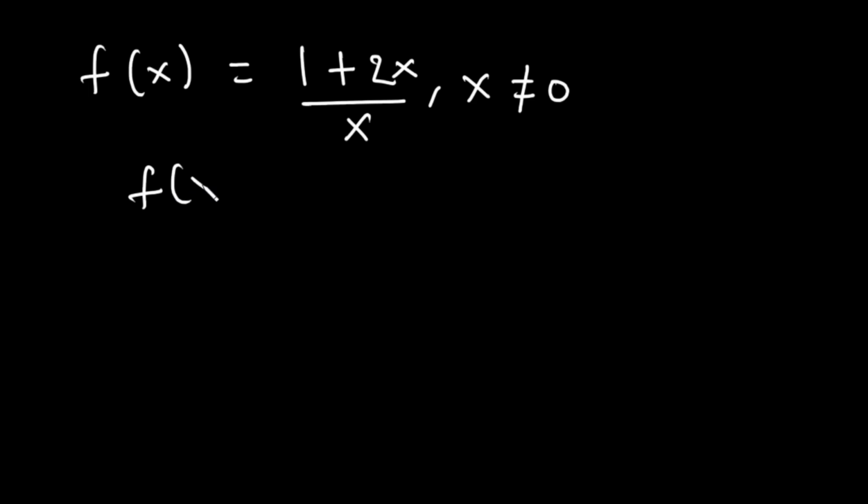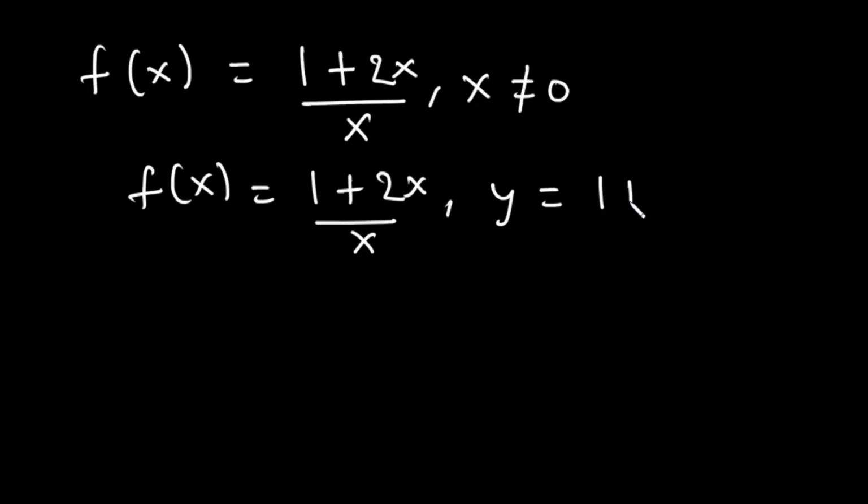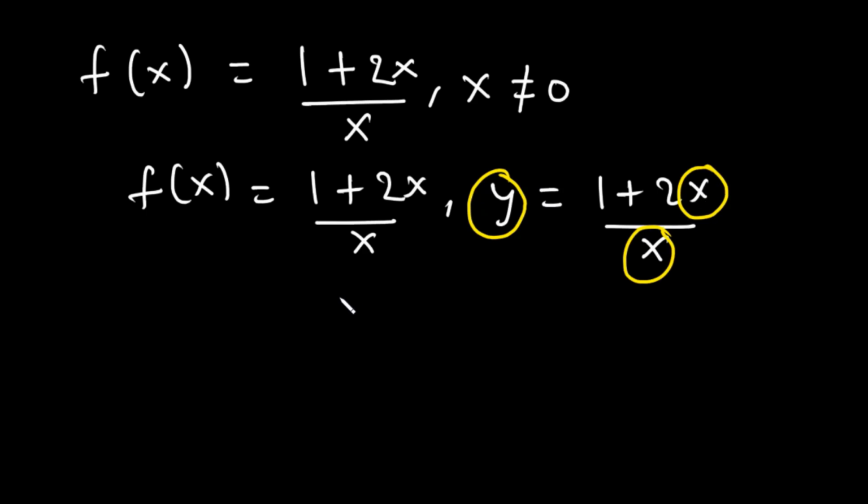So y is equal to (1 plus 2x) divided by x. Next, we interchange the positions of y and x and make y the subject. So it's going to be x is equal to (1 plus 2y) divided by y.